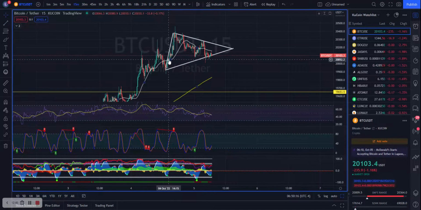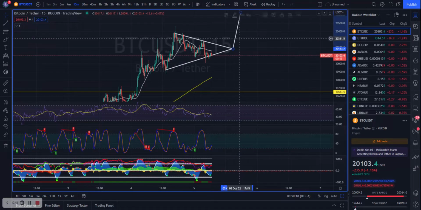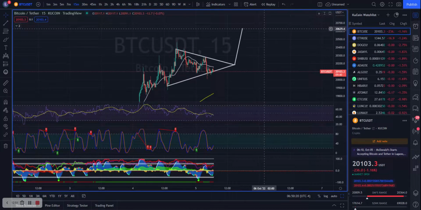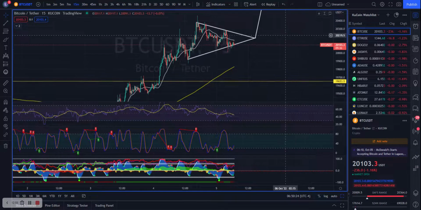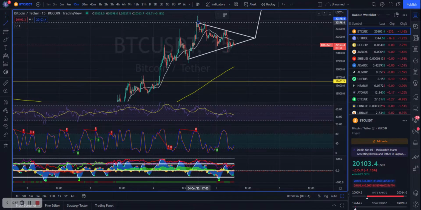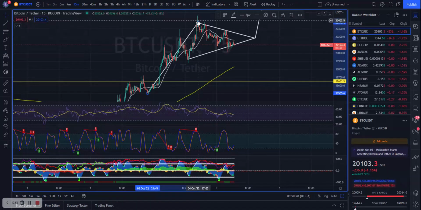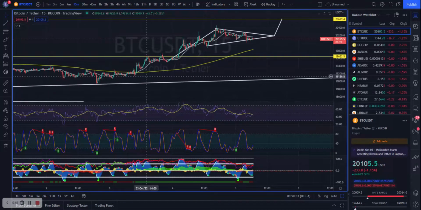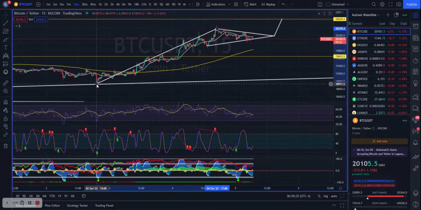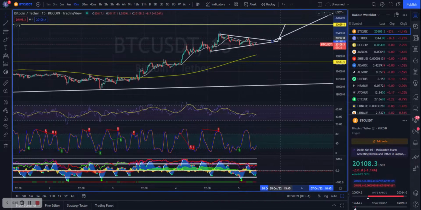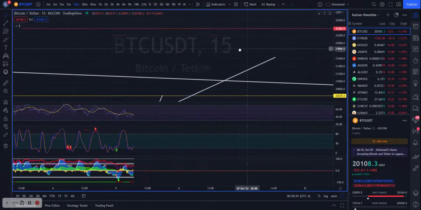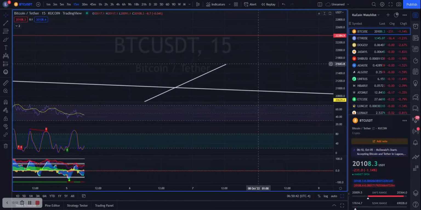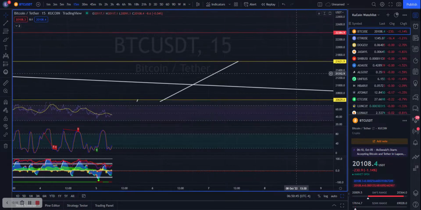This is a conservative pole, as we could also take the length of the larger pattern here and do something like this, top to bottom. I mean, if you really want to play it out nice, look at something like that. Here we go. And this is a measured move of around 21,600.